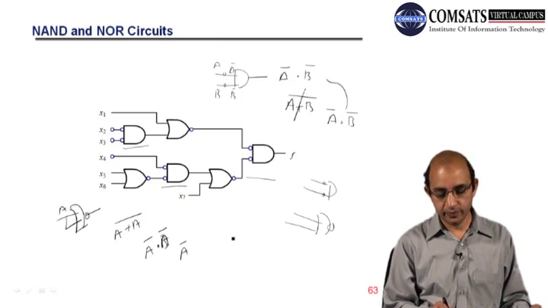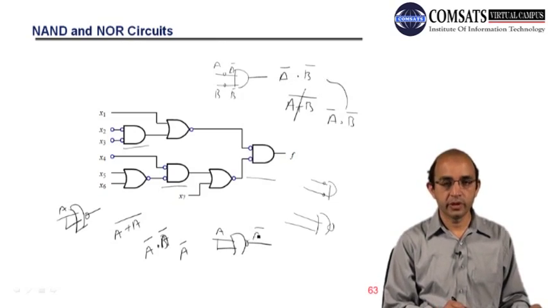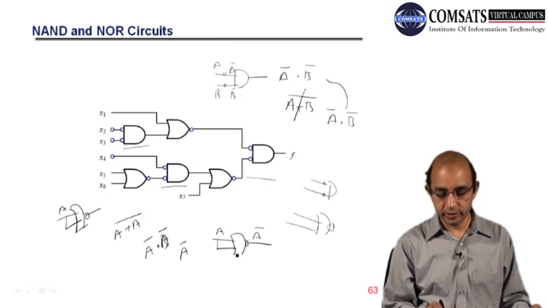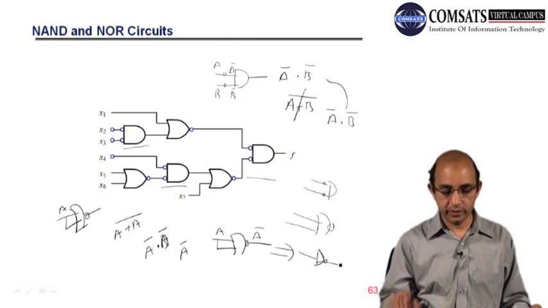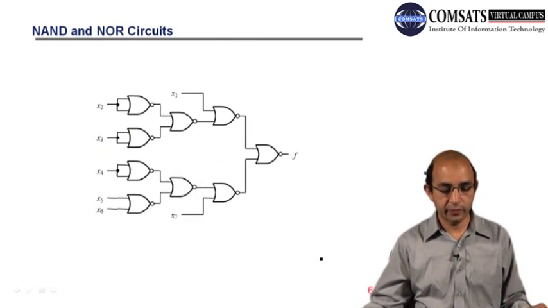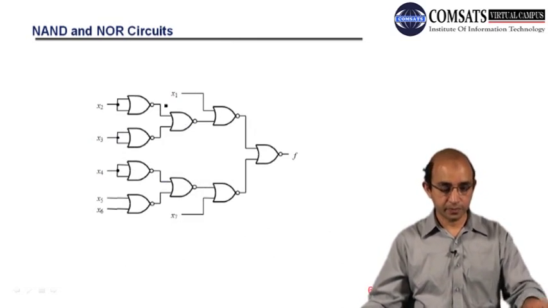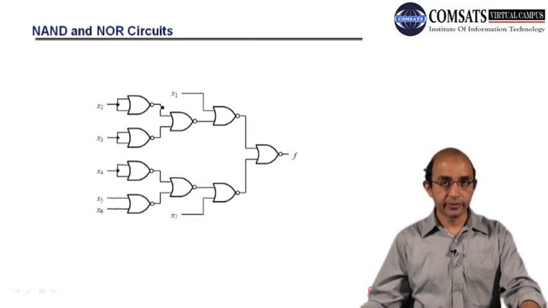So this is the NOT operation. So this is equivalent to the NOT gate, right? So you can see that we have all NOR, right?